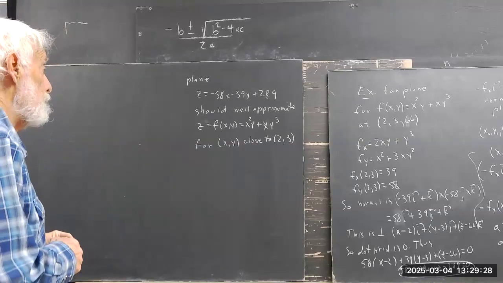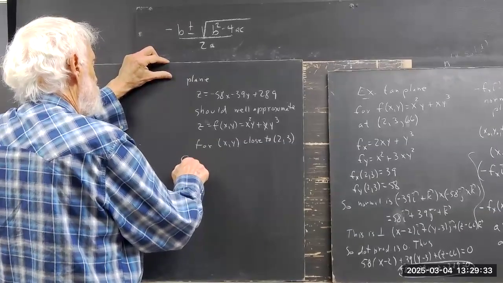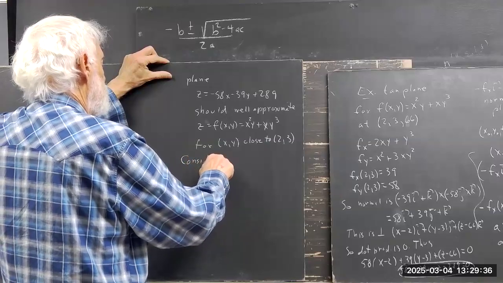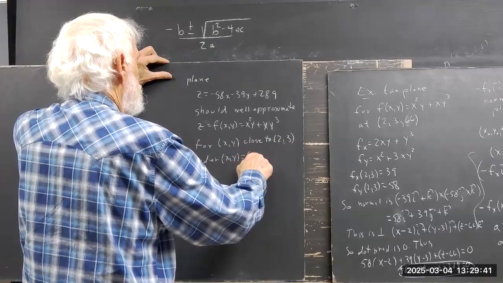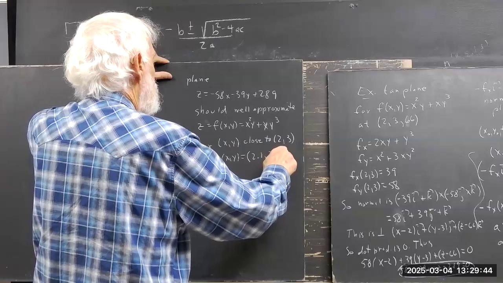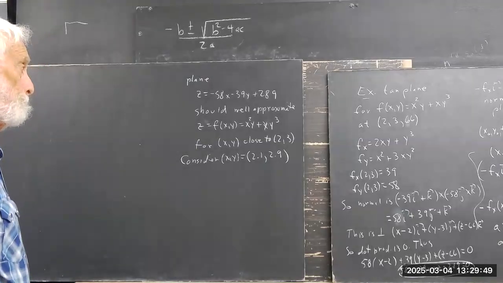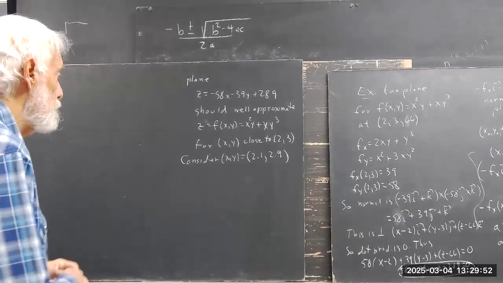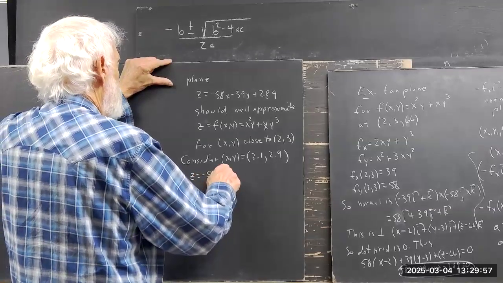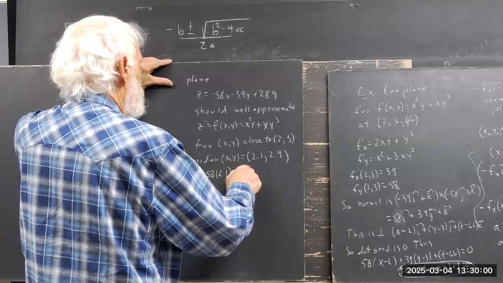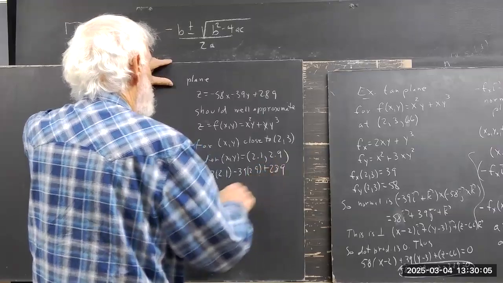Okay. Consider x, y equal 2.1, 2.9. Then z equals negative 58 times 2.1 minus 39 times 2.9 plus 289.